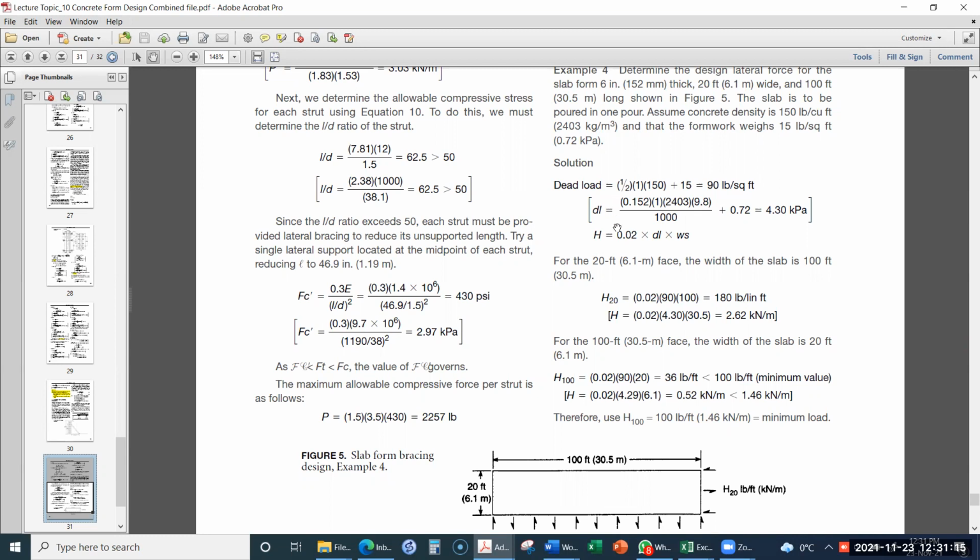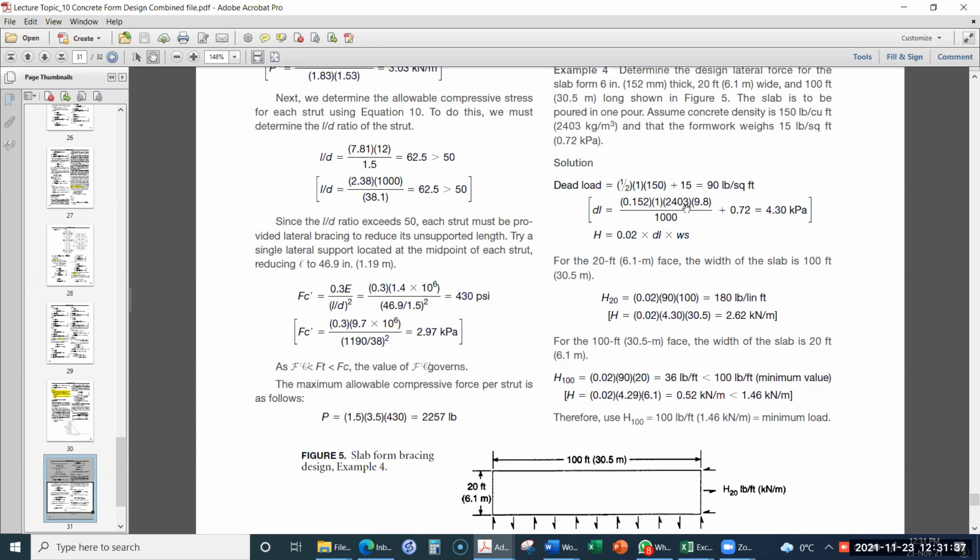Okay, so we will calculate the dead load. So the dead load we will calculate over here: 0.152 times 1. 0.152 is the thickness of the slab. 1 meter, we will take the 1 meter width of the slab.